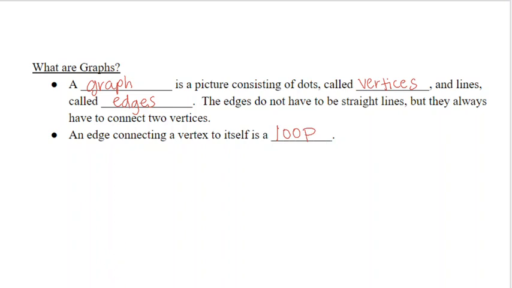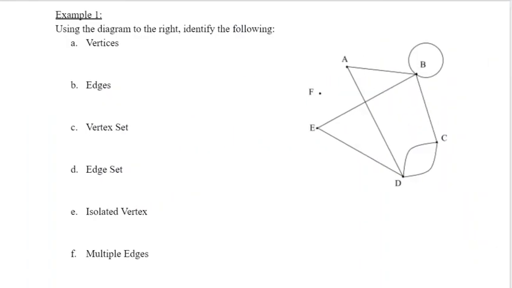So let's take a look at a diagram and try to identify some of these features. Okay, so this is our graph. This is our diagram here. Our vertices are going to be all of these points, which are labeled A through F. Our edges connect vertices.